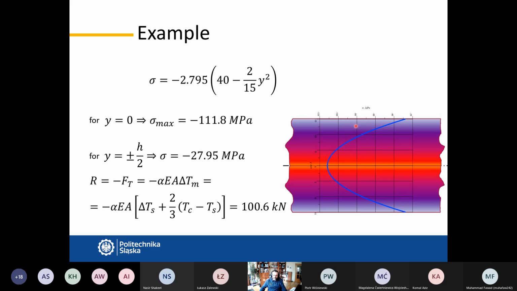Now it depends on the vertical direction, so that's why we observe a different stress distribution in the object. Of course, if the inner part was colder and the outer was hotter, it would be reversed. This distribution would be reversed.